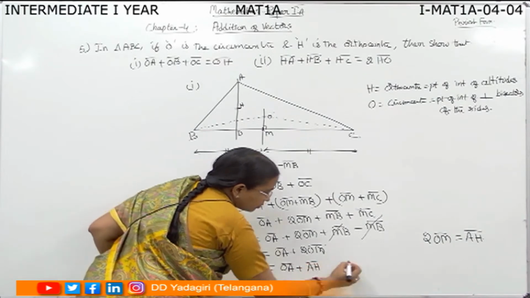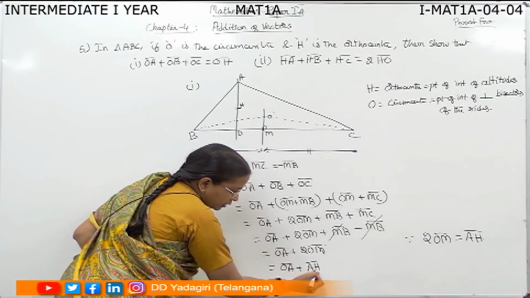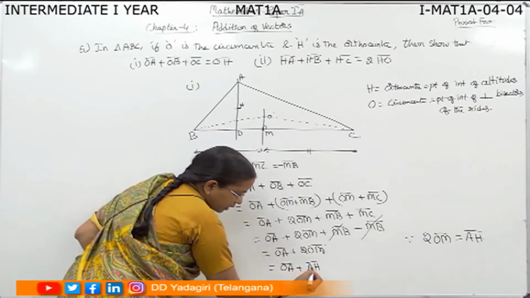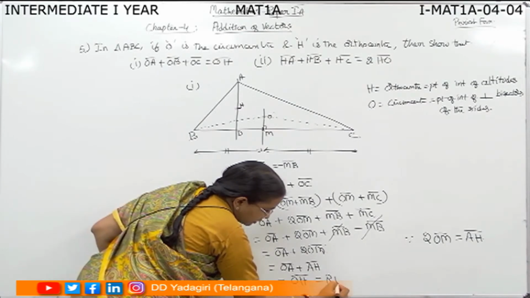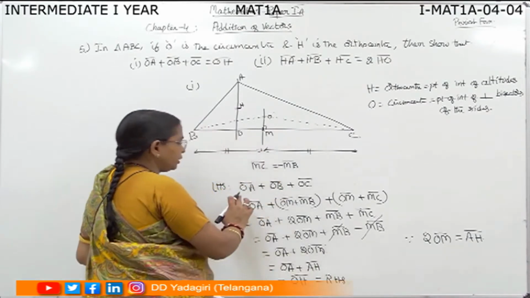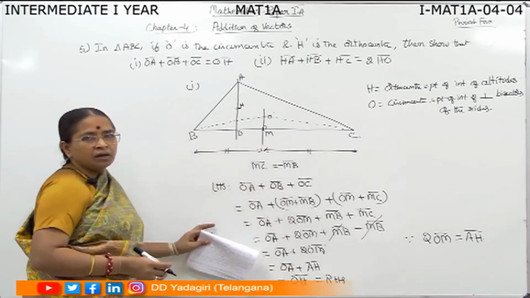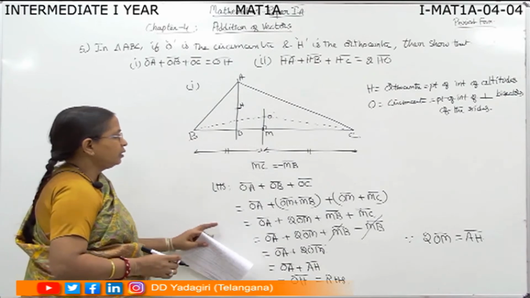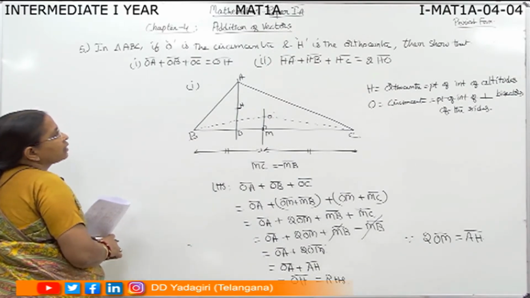Now OA and AH are in continuation, so OA plus AH is nothing but OH, which is the right hand side. So we proved that the left hand side is equal to the right hand side. This problem is very, very important. This is the proof.